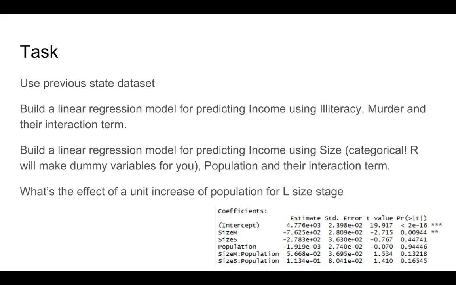Let's say you have a unit increase in your population, and the size is equal to L. How does that affect your income? One way is to write down all the coefficients in your equation and subtract them. Another way is to use the prediction.